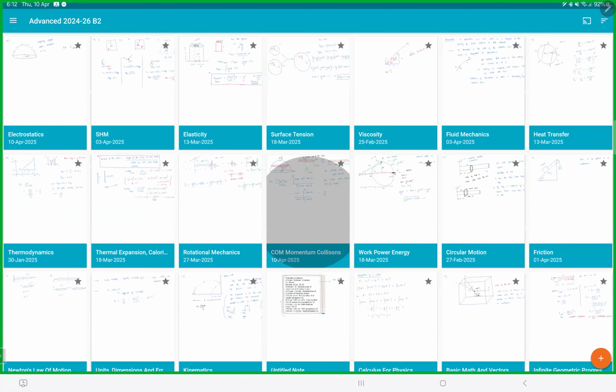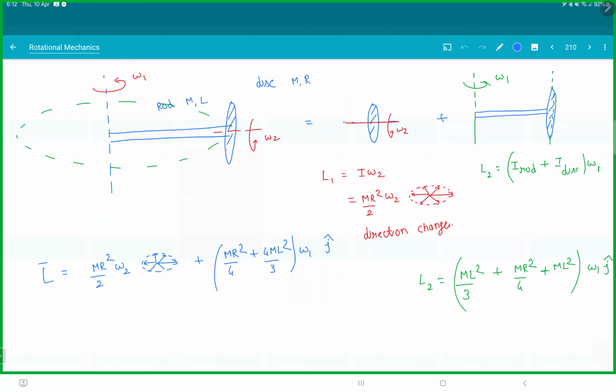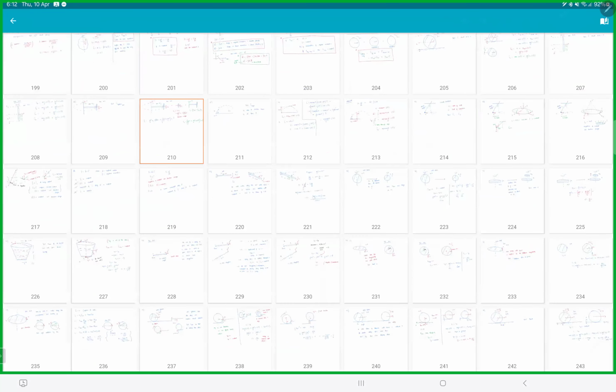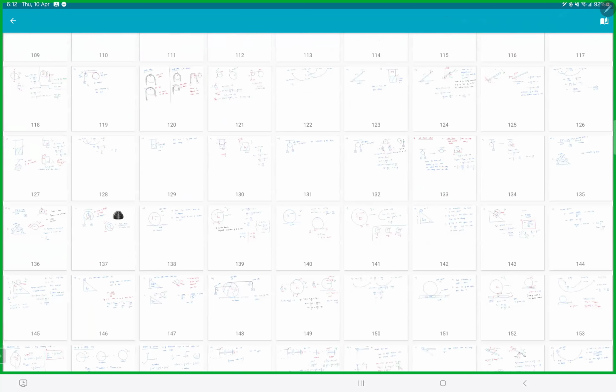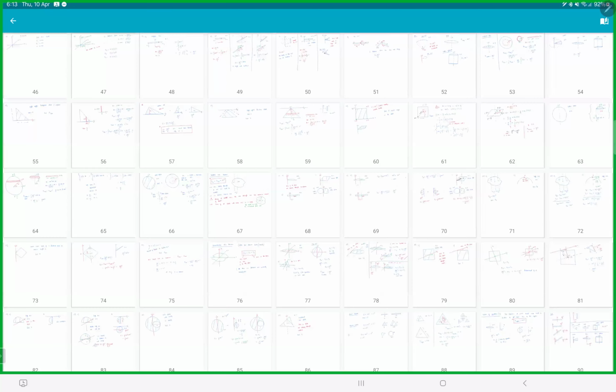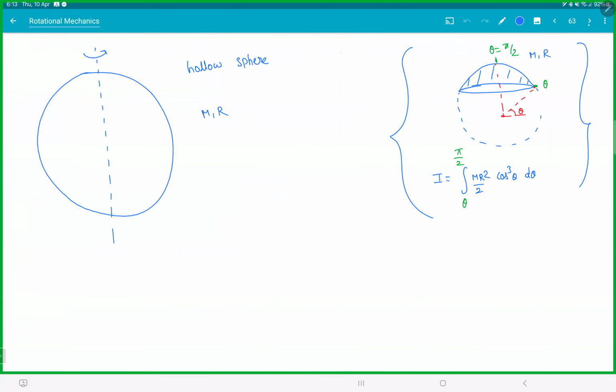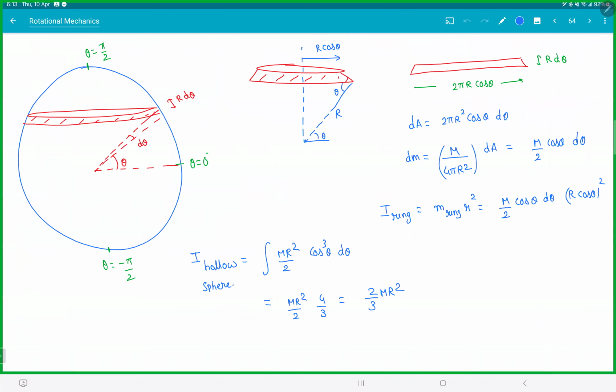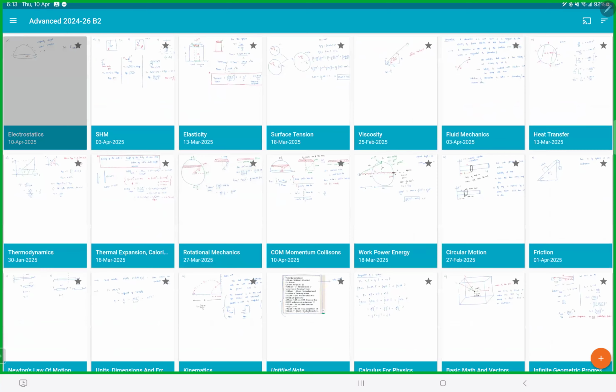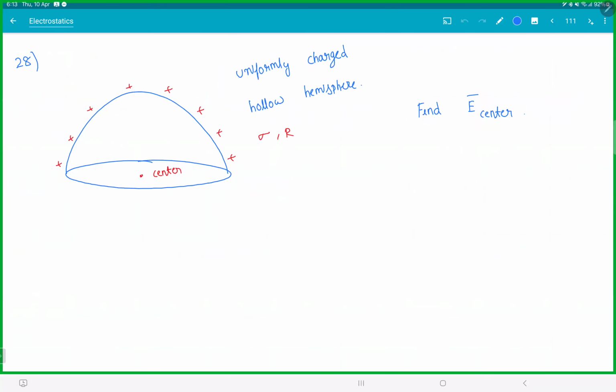Then we also saw this thing in rotational mechanics while finding moment of inertia for a hollow sphere. You're seeing this for the third time now. Try. I'll give you 2 minutes. Just try.